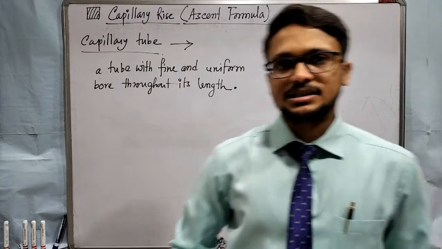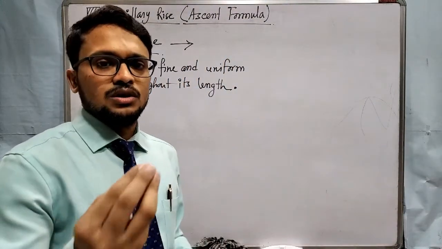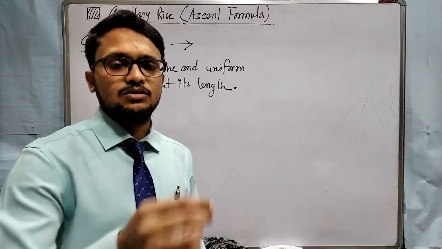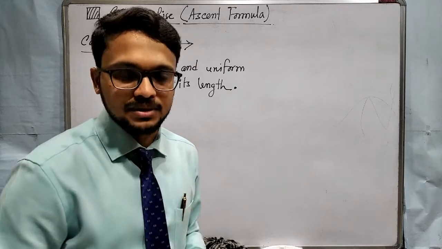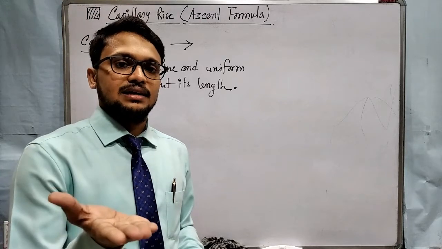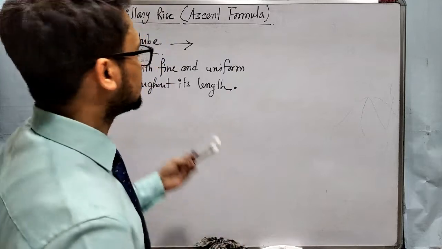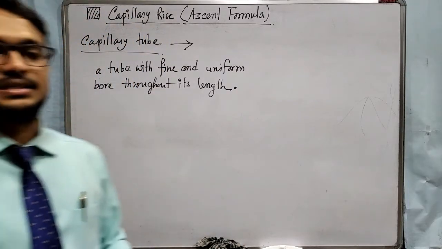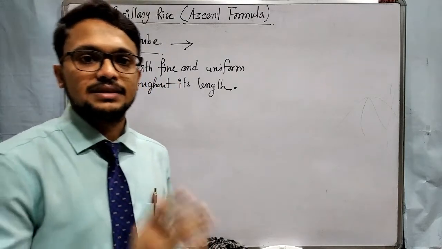Another example: if you put a cotton cloth into kerosene and you put that cloth in the lamp, then you will see that kerosene is coming automatically up to the top of that cloth. This also happens due to capillary rise. These things are basically explained by the property of surface tension.